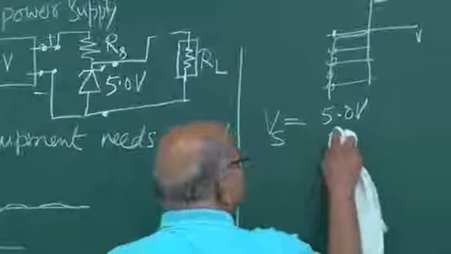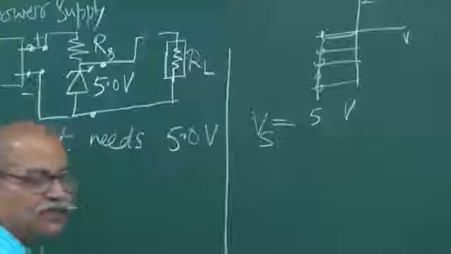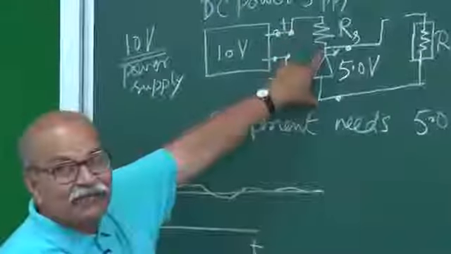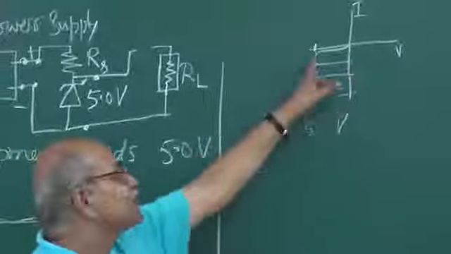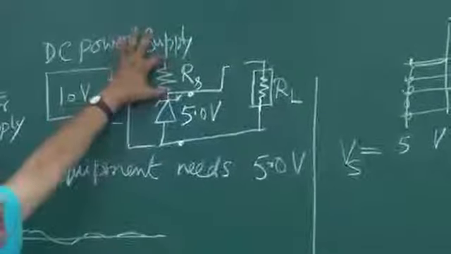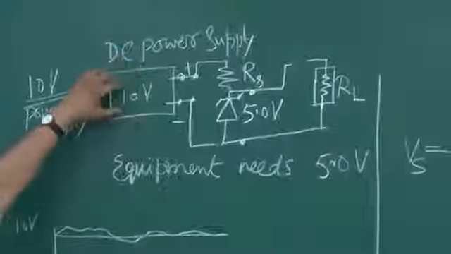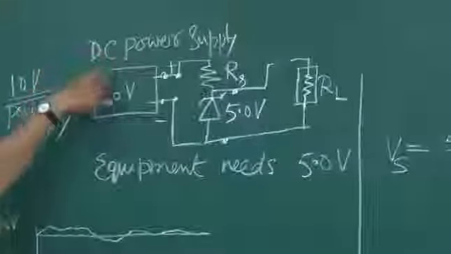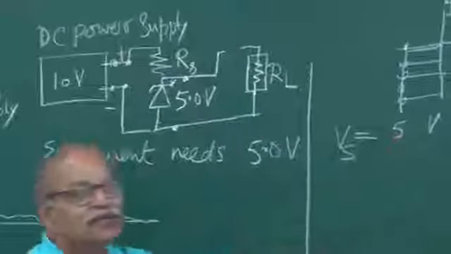Why not 5.0? Because the Zener voltage is fixed at 5.0, that comes from this characteristic. But this voltage fluctuates with the power supply. So if power supply goes to 10.1, this will go to 5.1. If power supply goes to 9.9, this will go to 4.9. So I should not write 5.0 here.